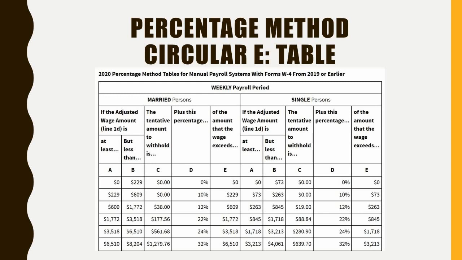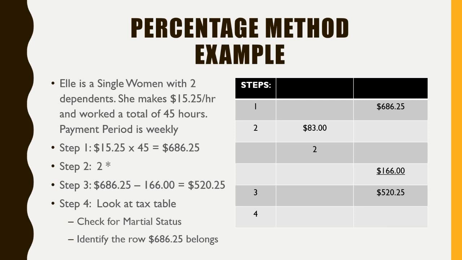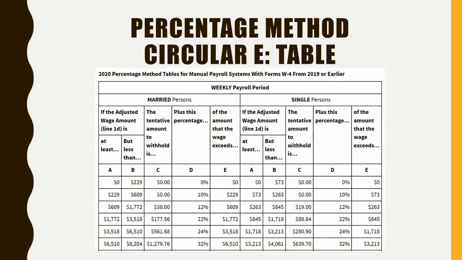So what section B tells you is, but I don't make more than, in this case, $845, right? My total amount that I did earn was $520. So 520 falls between 263 and 845. So I'm going to go ahead and look across to section C. Section C tells me this is the amount that the government's going to charge us immediately.